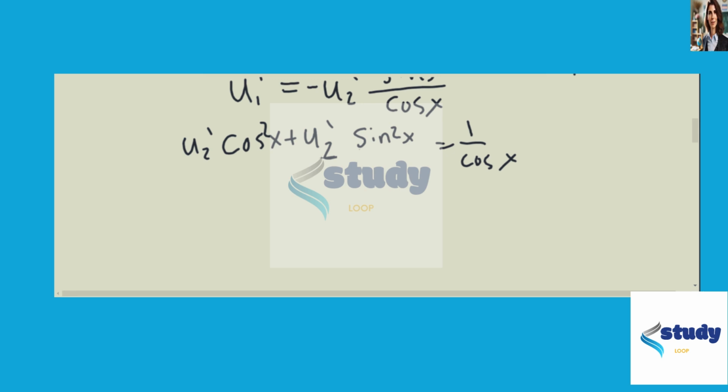We can also bundle up what's on the left-hand side here to be the derivative of u2 multiplied by cosine squared plus sine squared, right, which is just going to be equal to 1. So what we end up with is the derivative of u2 is equal to 1 over cosine of x.